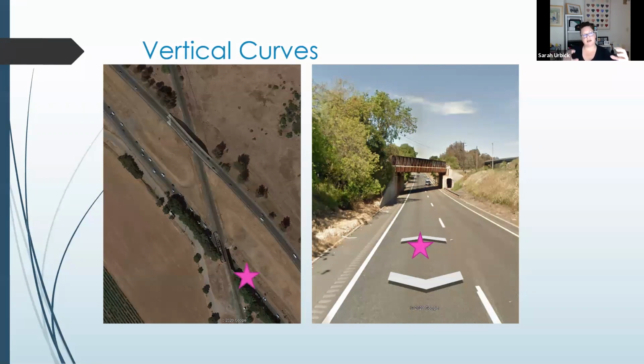So from the tires to the axle to the truck bed to the top of whatever equipment is being moved, you've got 13 feet 6 inches on most state highways in terms of vertical clearance.